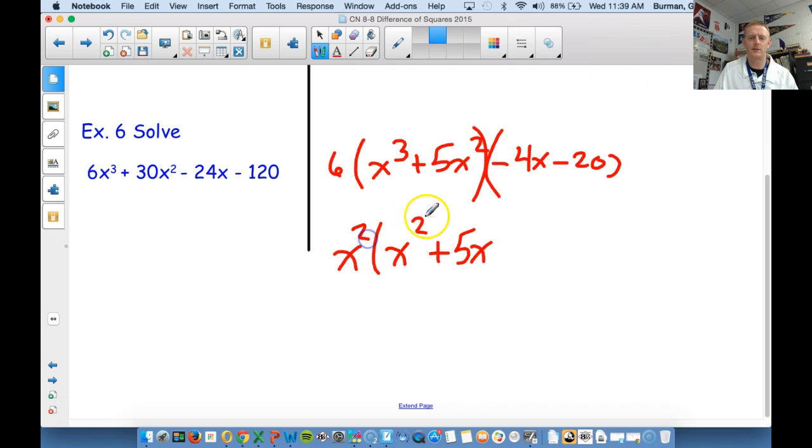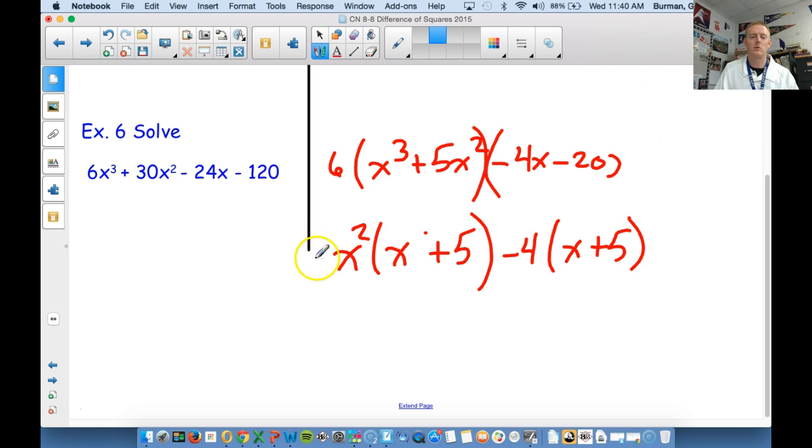This should be just a regular x. My bad here, folks. We divide out an x to the second, and we're left with an x plus 5. Now over here, because we're looking for this to be an x plus 5, again, we're going to divide out a negative 4, and we're going to be left with an x plus 5.